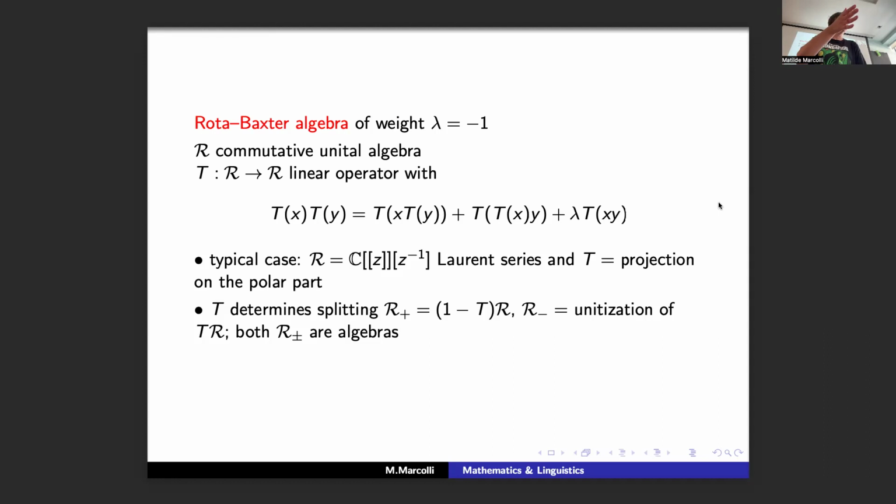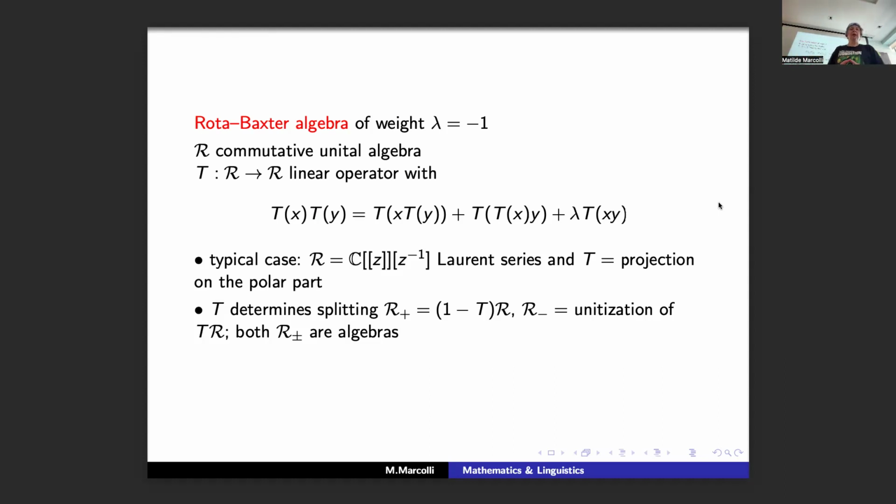And the projection on the polar part. If you write the series, the sum of a_k z^k, starting at minus n and going to infinity, this projects onto the part with k from minus n to minus 1, so everything that has negative powers of z. The complementary projection is onto something that is actually a power series, so it does not have divergences.